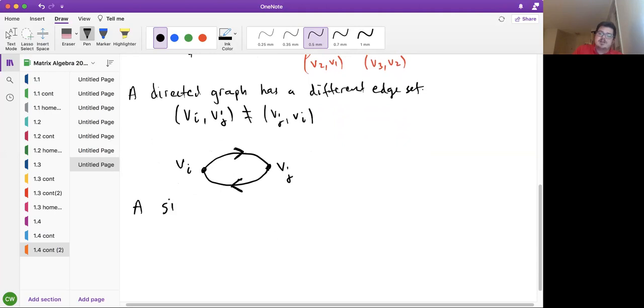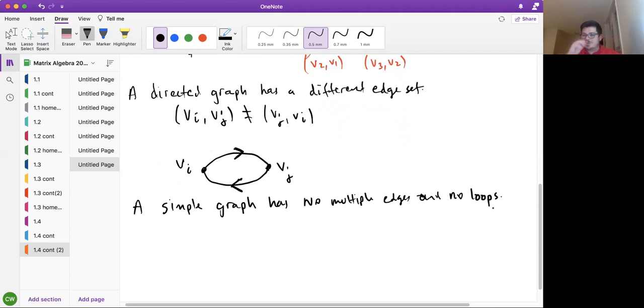Another type of graph is the one that we'll talk about more. It's called a simple graph. A simple graph has no multiple edges and no loops. It's also kind of more like what we're used to, like Instagram, whatever. You can't follow yourself, right?